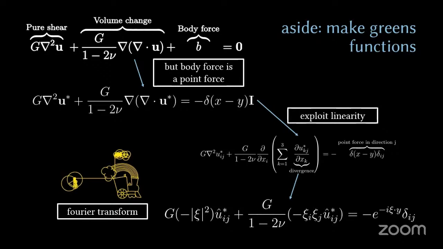The way you should think of this, without trying to understand it fully, if you understand the previous things like the Navier equations, is for the Fourier transform, all the nabla squares become minus xi squares, and all the nabla of nabla something terms just become minus xi_i xi_j. Then you want to solve all of this in the Fourier space.